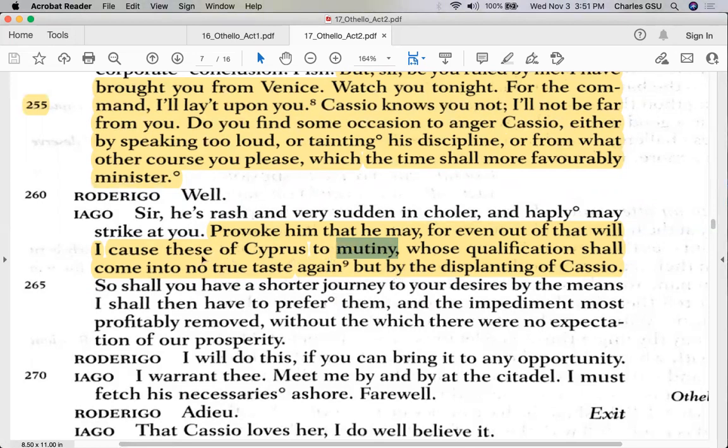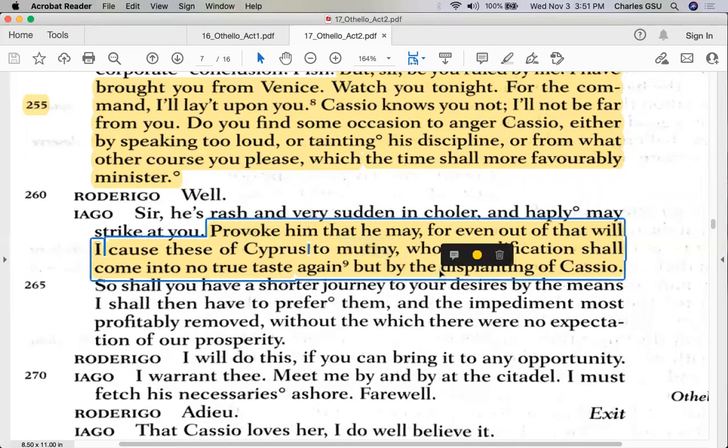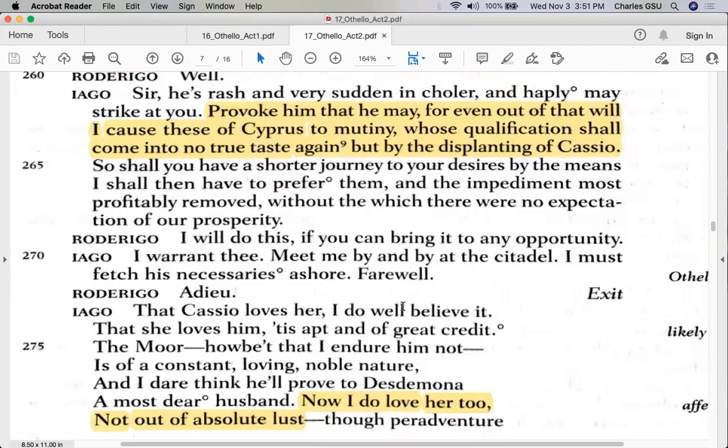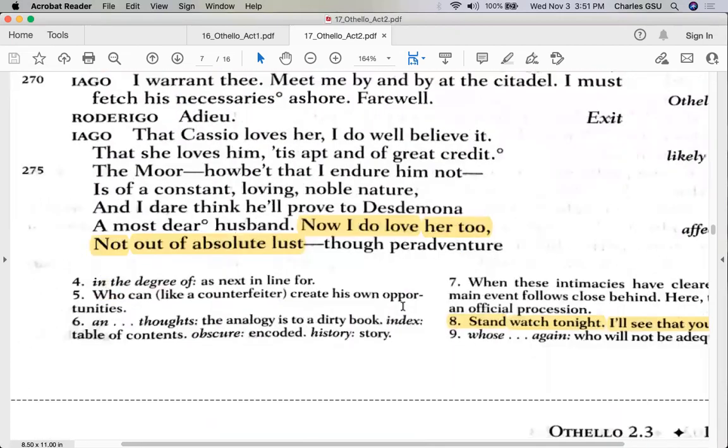"Whose qualifications shall come into no true taste again but by the displanting of Cassio." The displanting would be, of course, the removal of Cassio from his post, which is one of the things that Iago wants.